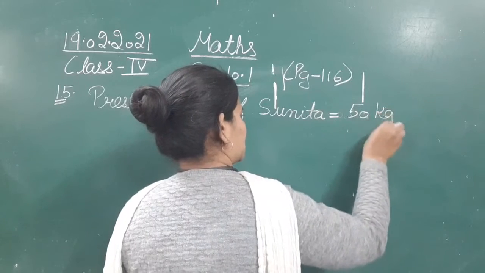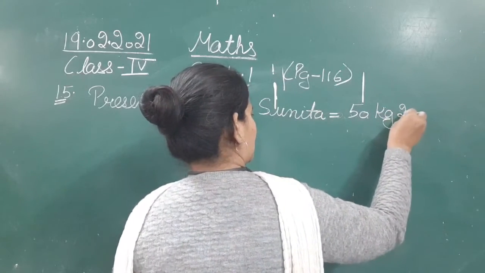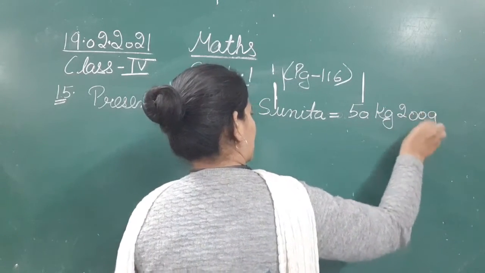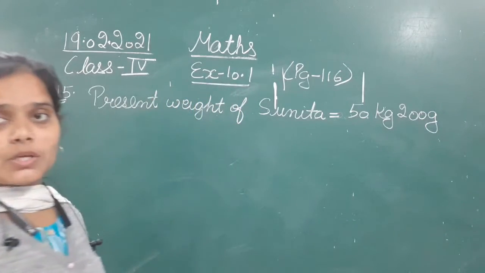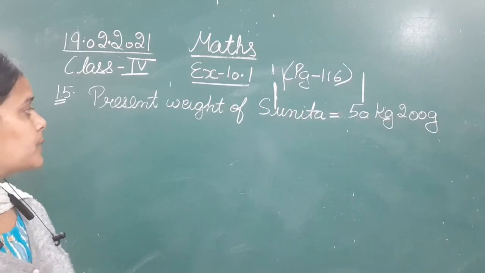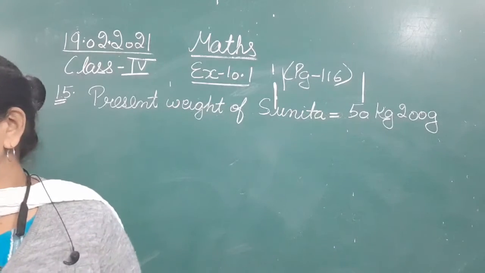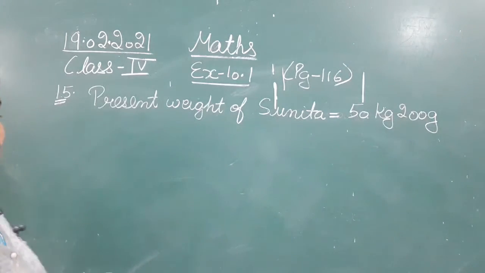That is 50 kg 200 grams. So this is the present weight of Sunita.